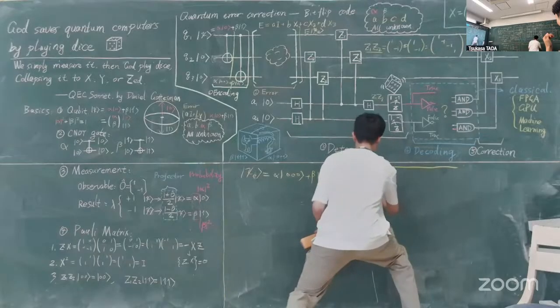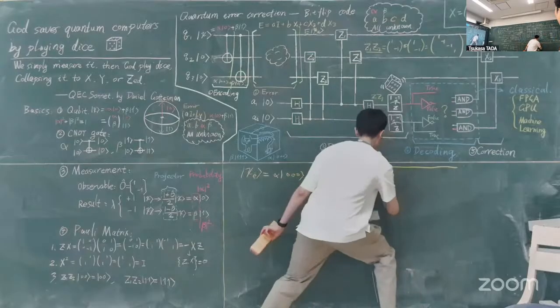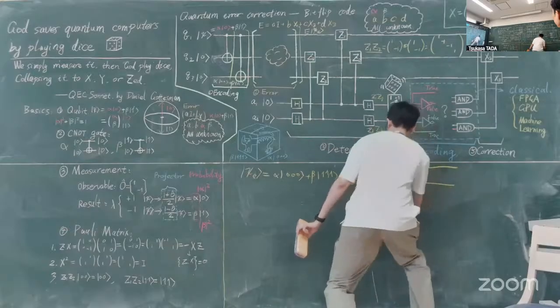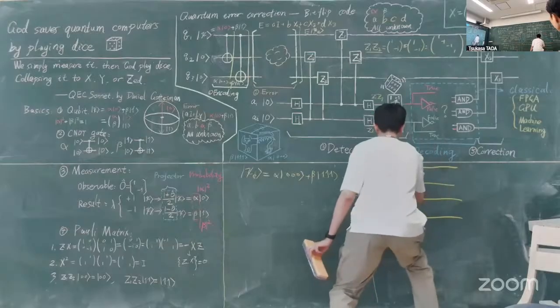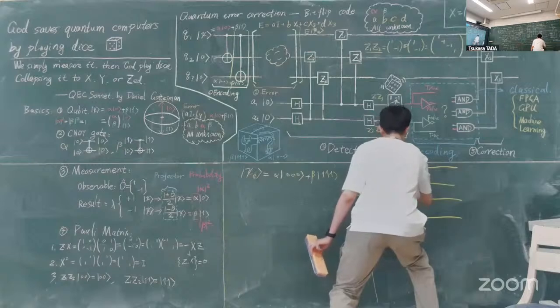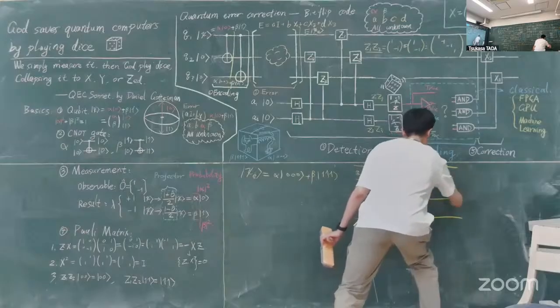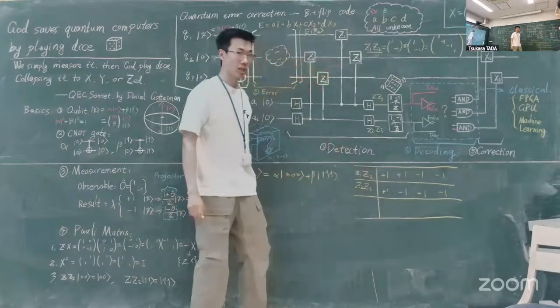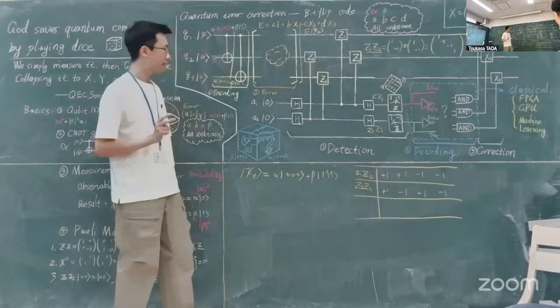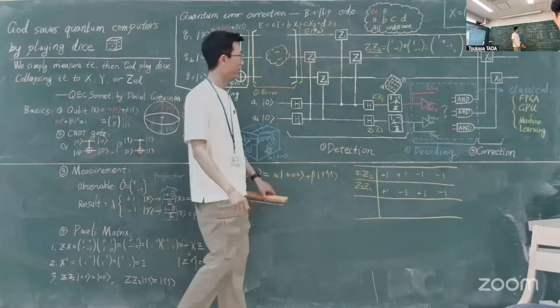Z1Z2, Z2Z3: +1, +1; +1, -1; -1, +1; -1, -1. Yeah, because both observables only have 2 eigenvalues, so there are only 4 kinds of these combinations.